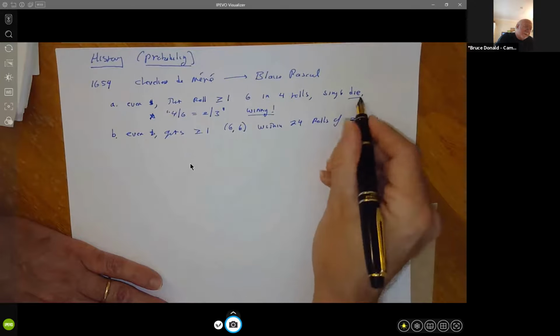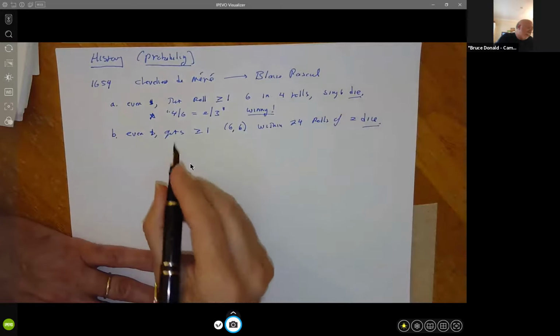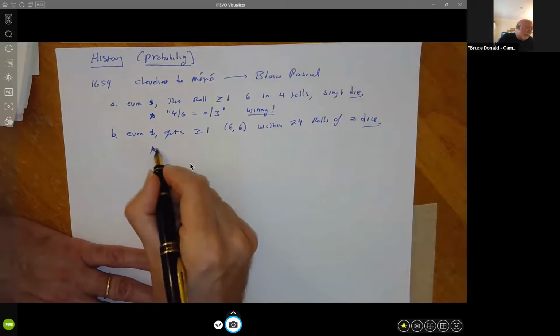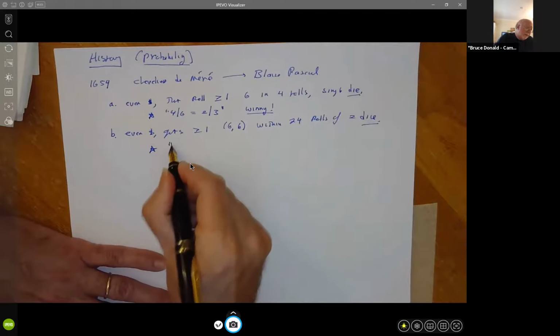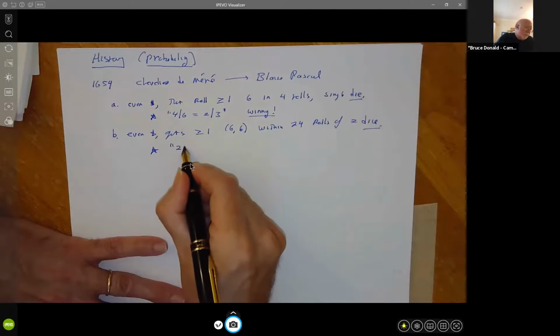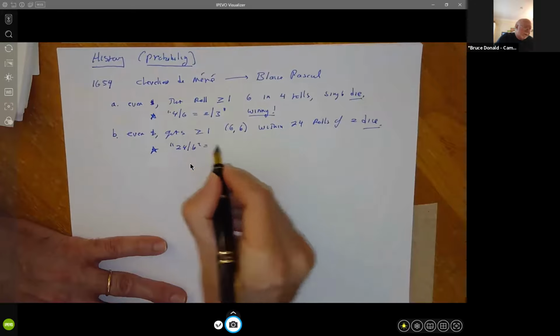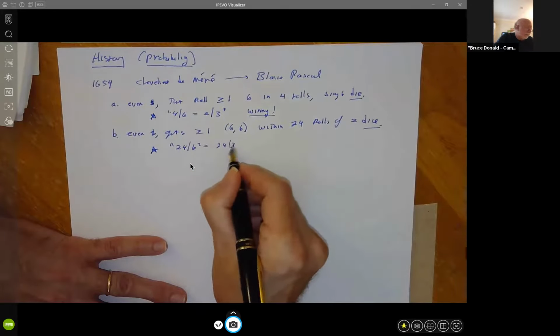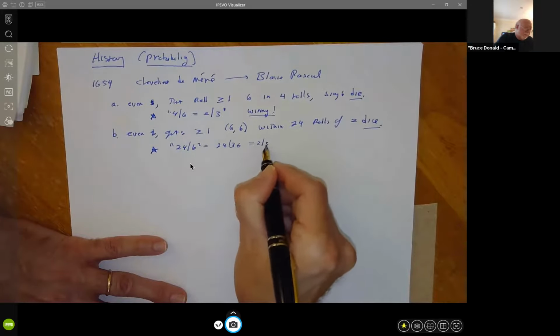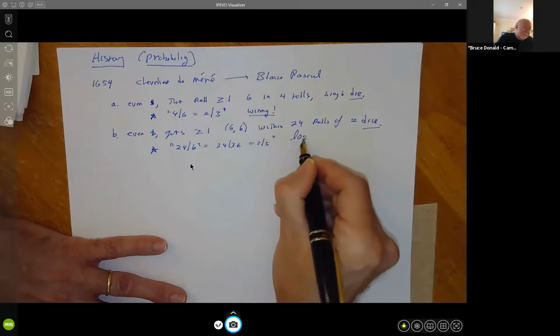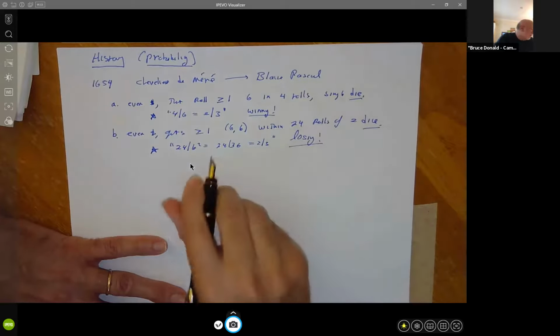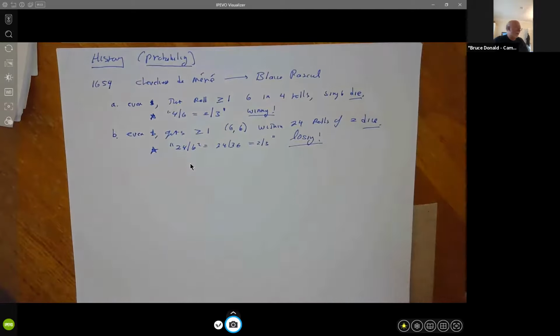Remember, singular and plural. And he claims to have what he calls the same advantage. He claims that what he'll get here is 24 divided by 6 squared, which is equal to 24 over 36, which is equal to 2/3. But now he's losing money, hand over fist.